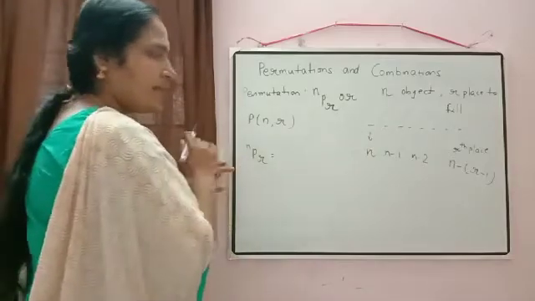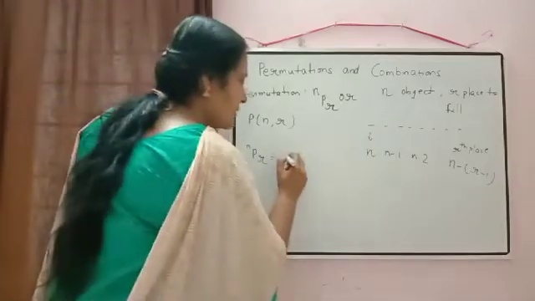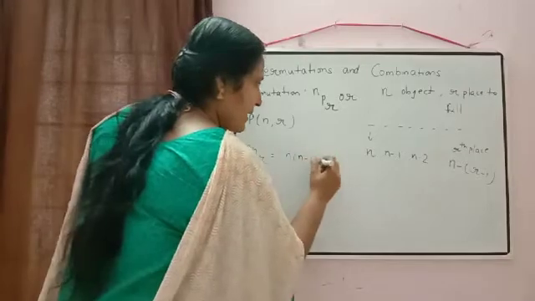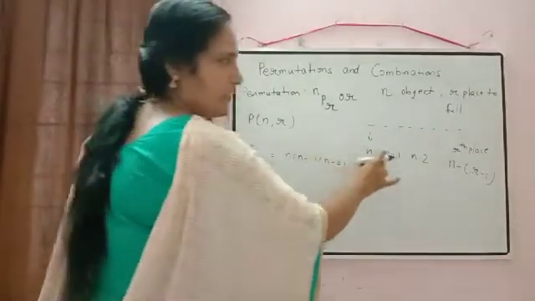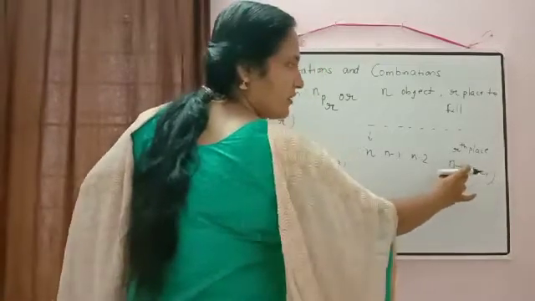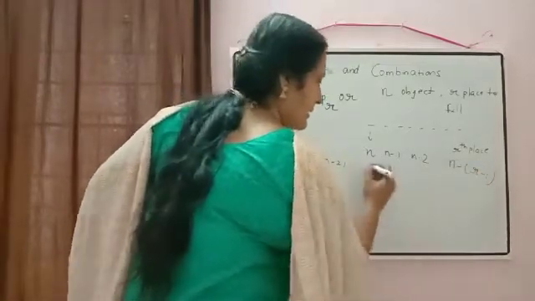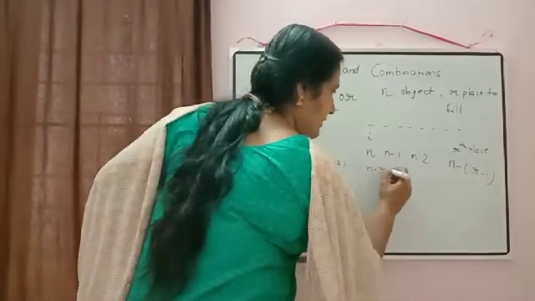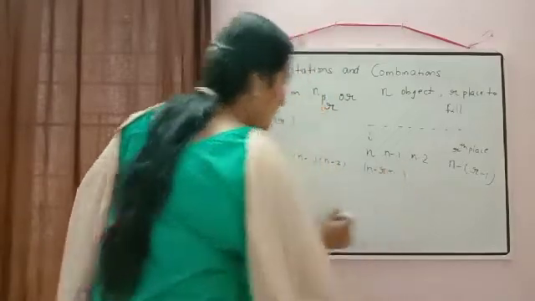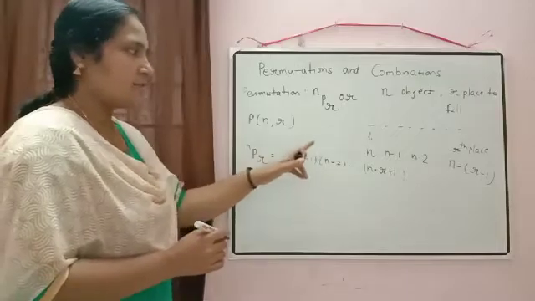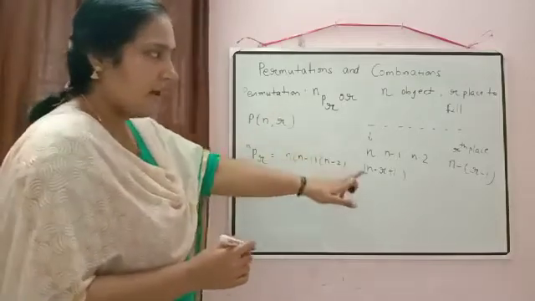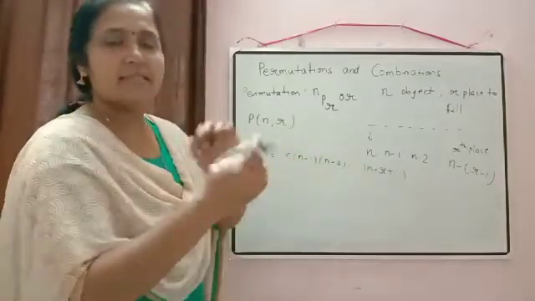So directly we are writing nPr is equal to n into n minus 1 into n minus 2, etc. Already I explained to you how we got this one. So the last term will come as n minus r plus 1 ways. Correct? So nPr is equal to n into n minus 1 into n minus 2, etc., up to n minus r plus 1.